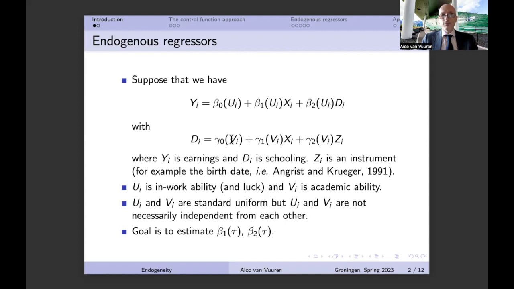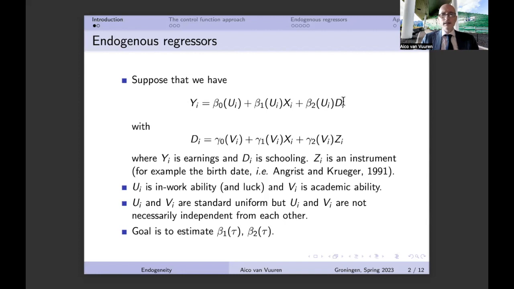Well, that's possible because we should realize that it is not only vi that has an impact on di, there are also other things, such as xi, that we already control for over here, but also zi. So we should realize that at the moment that we're going to look at the variation in terms of di, if we fix vi and we control even for xi, well, then the variation in di is completely determined by the exogenous zi that we have over here.